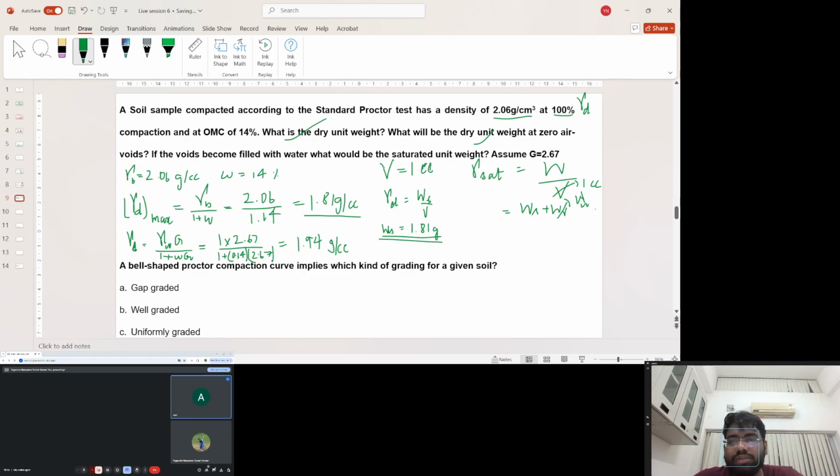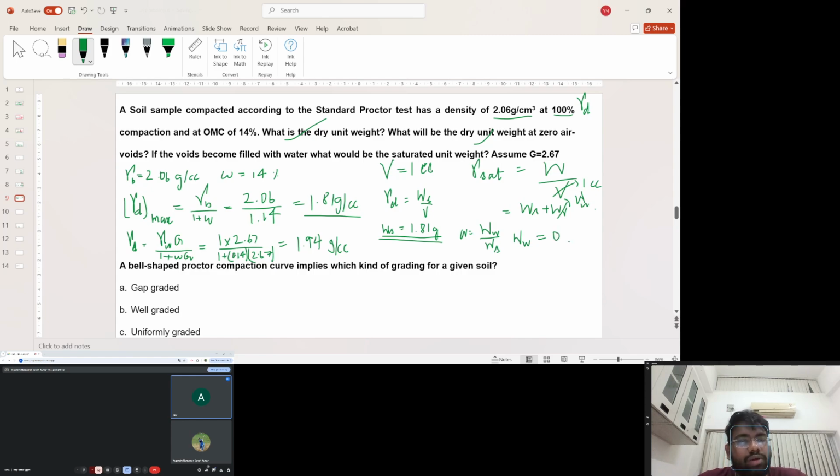So weight of solids is 1.81. Now second, we know the water content. Water content is defined as weight of water by weight of solids. So weight of water will be 1.81 into 0.14, right?